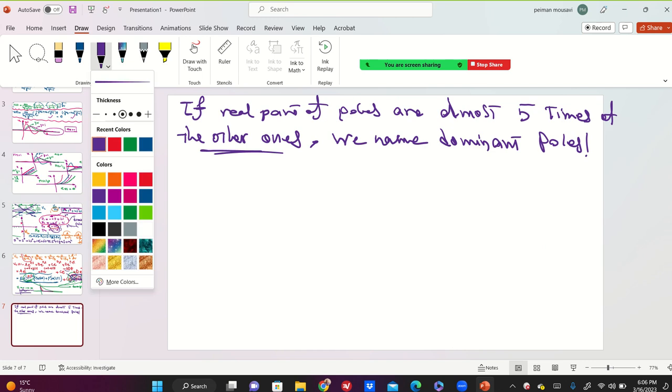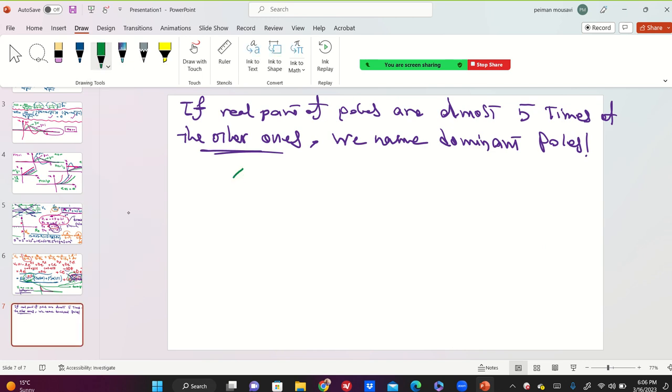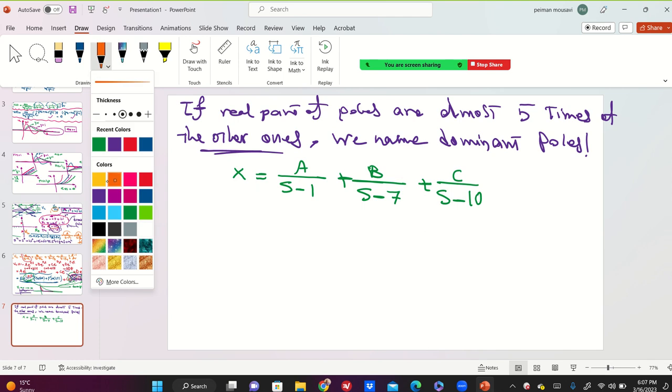Another example that you may have, suppose that you have x equal to A over s minus 1. We have real poles, s minus 7, s minus 10. Can you show me the dominant poles of the system?